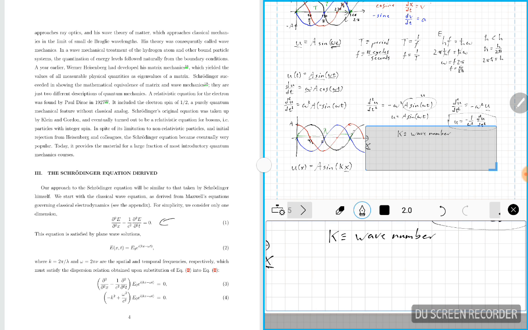This k is going to reflect the periodicity, just as the time t did.